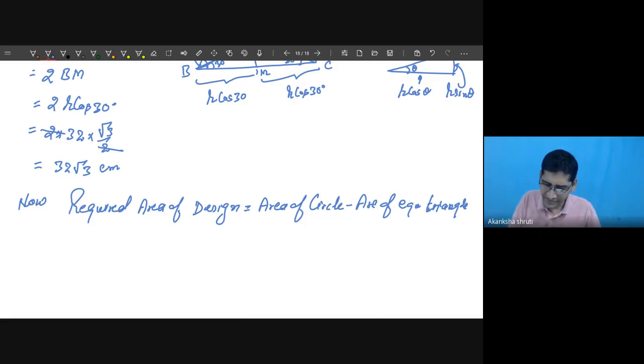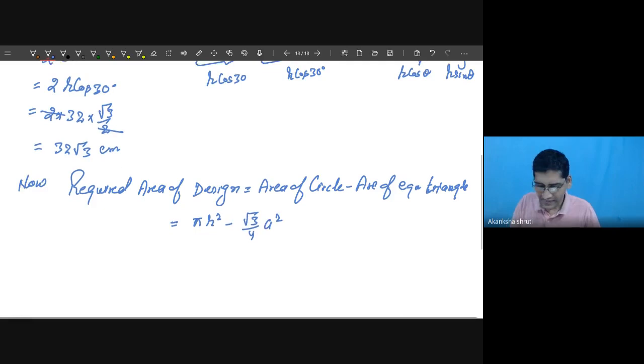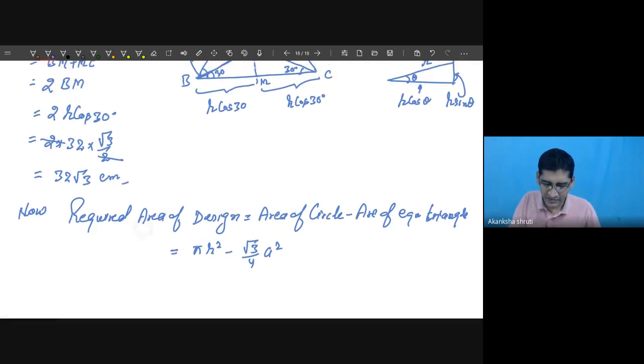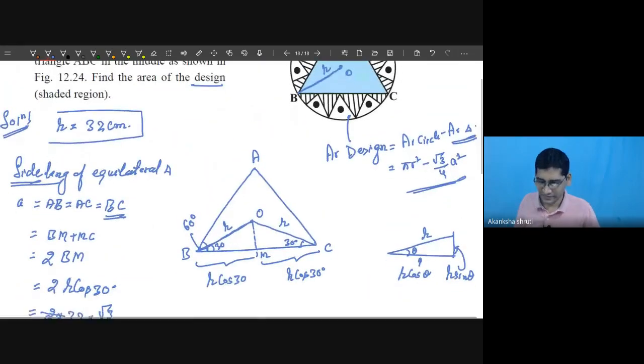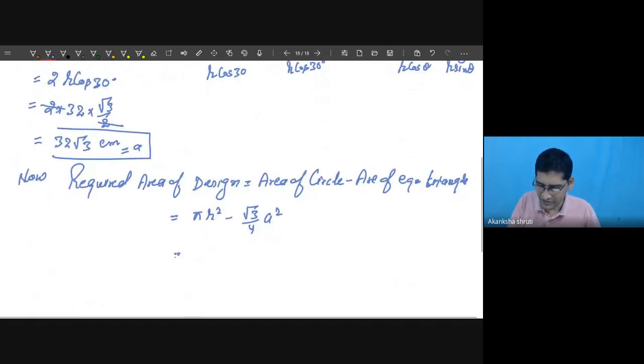It's very easy. So it is pi r square minus root 3 by 4 A square, where A is the side length, which we have calculated, and R is already given to us. So these two things we are going to substitute.